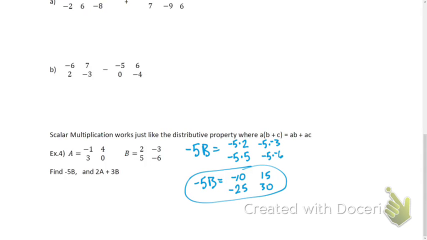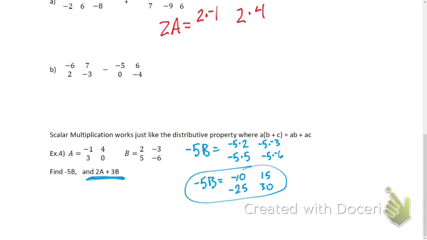All right, let's try one more. It was 2 questions in one. We need to do 2A plus 3B. I'm going to do that at the top of the screen. So 2A, I'm going to go 2 times -1, 2 times 4.